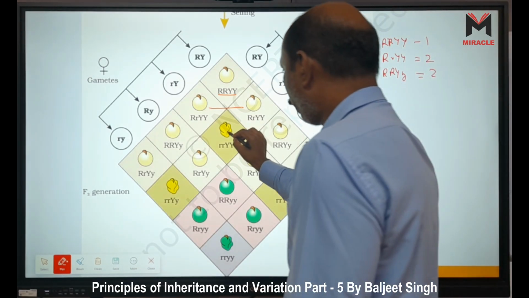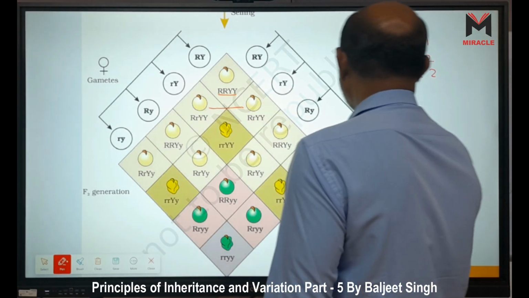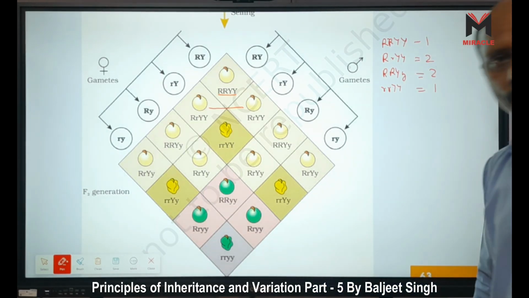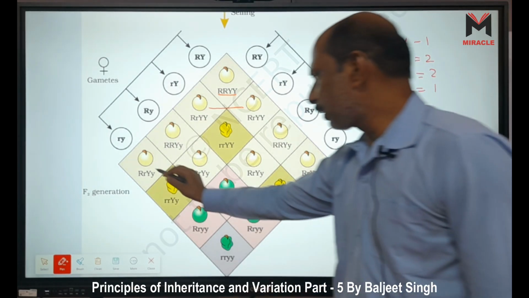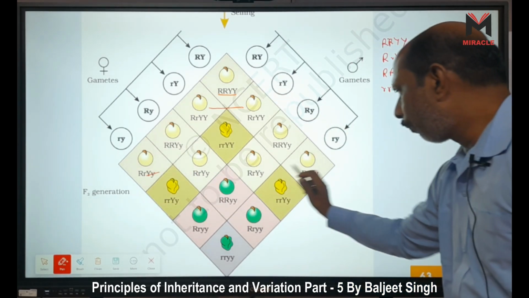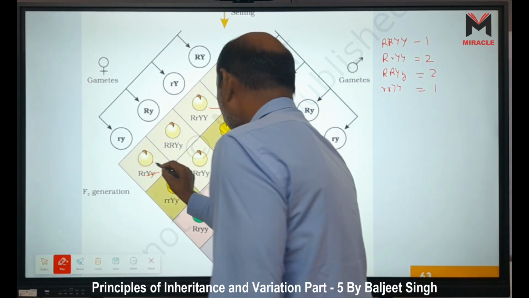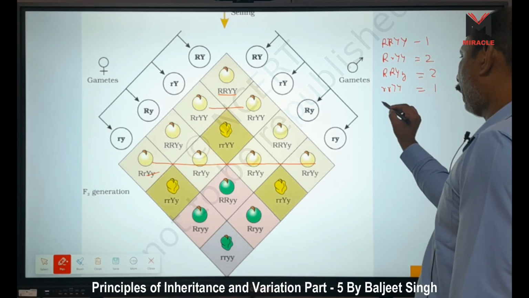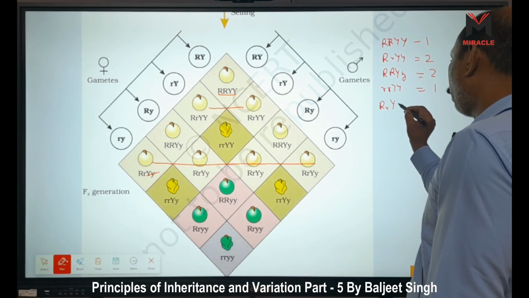And here one is capital R, capital R, capital Y, capital Y. How many? 1. Okay. Now see this intermediate. R R Y Y, R R Y Y, R R Y Y, R R Y Y. I write this. These are 4, right? This one is capital R, small r, capital Y, small y.